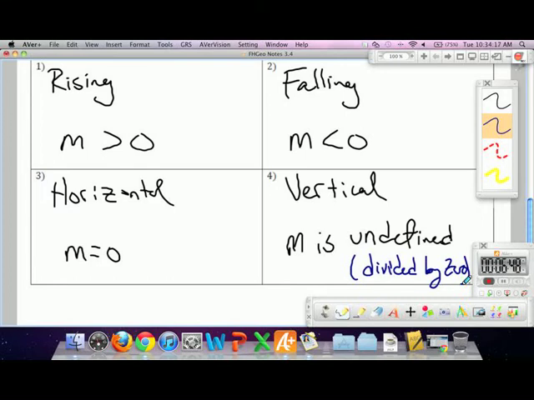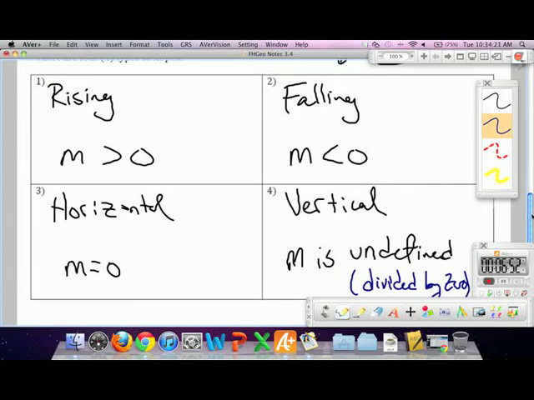So if I gave you the equation of a line, or a couple of points, and asked you to describe what the line looks like: is it rising, falling, horizontal, vertical? Compare the slopes. Positive numbers are going up, rising, and so forth.